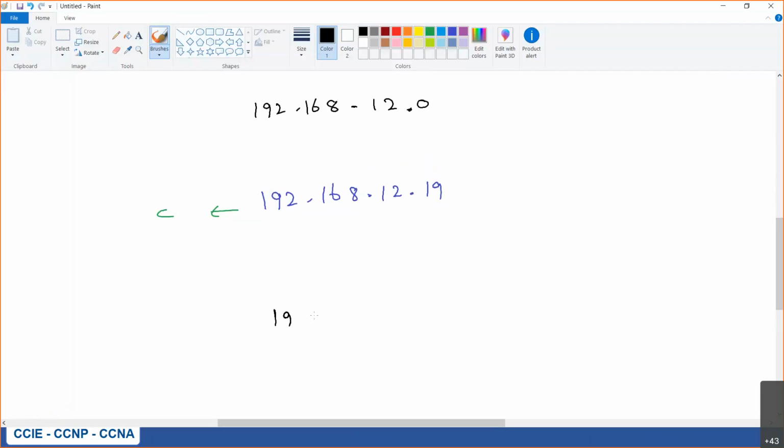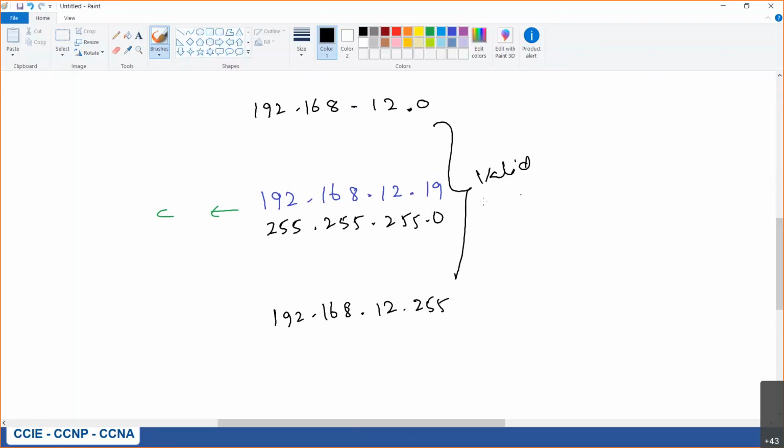Broadcast ID is 192.168.12.255. Subnet mask 255.255.255.0. In between, all IPs are valid IP addresses. How many valid IP addresses in between? 254.